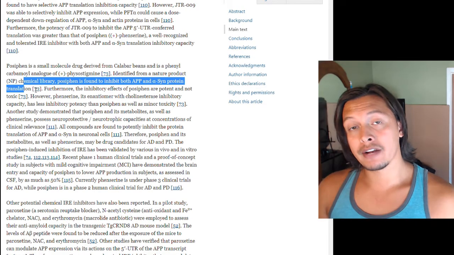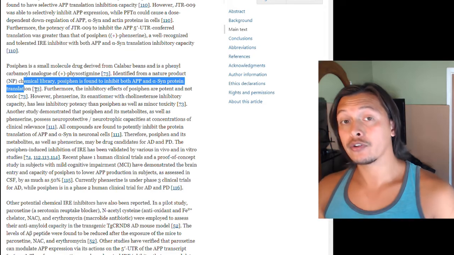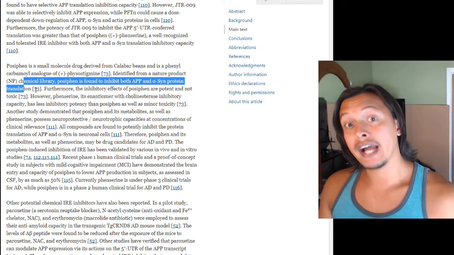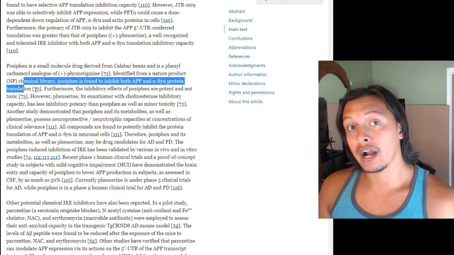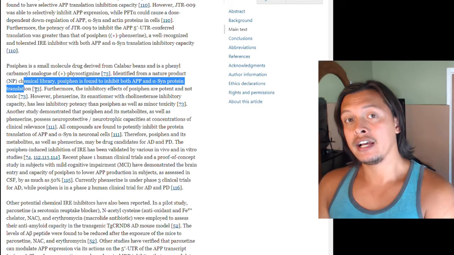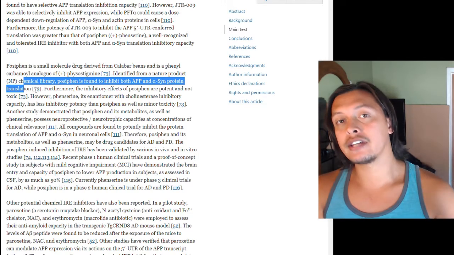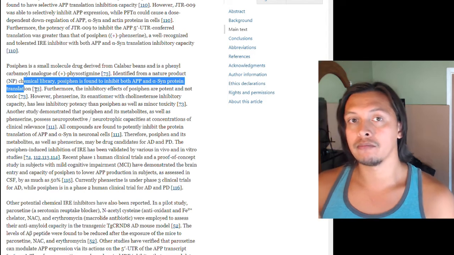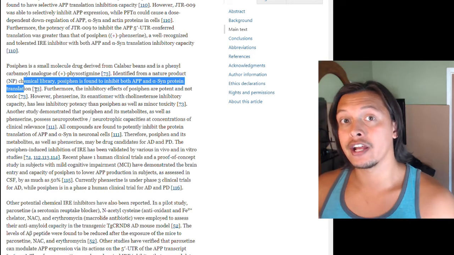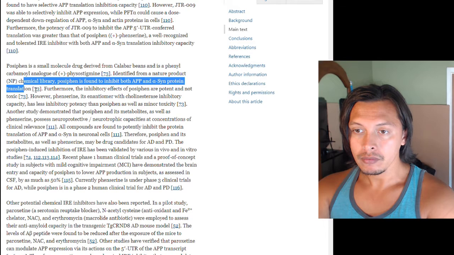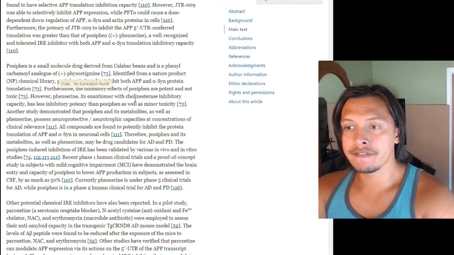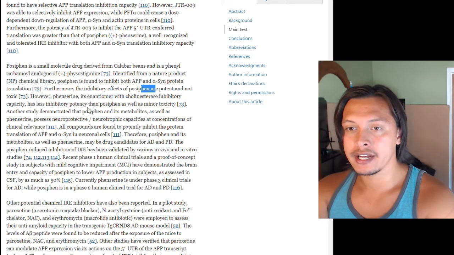And by doing those modifications, we can test all of those different other chemicals and we can find a chemical that is even better at eliciting that effect, or that is far superior to the natural product. So furthermore, the inhibitory effects of posifen are potent and not toxic.